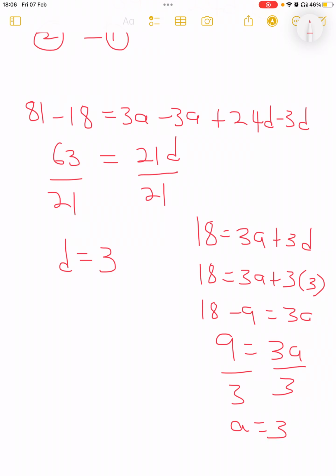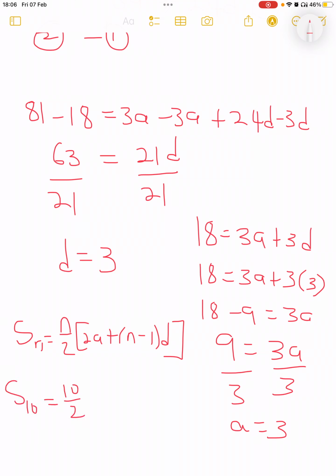Now, we're not looking for A and D. We're looking for the sum of the 10 terms. So, this will be given by Sn is equal to n over 2 multiplied by 2A plus (n minus 1)D. So, this is the sum of the 10 terms.